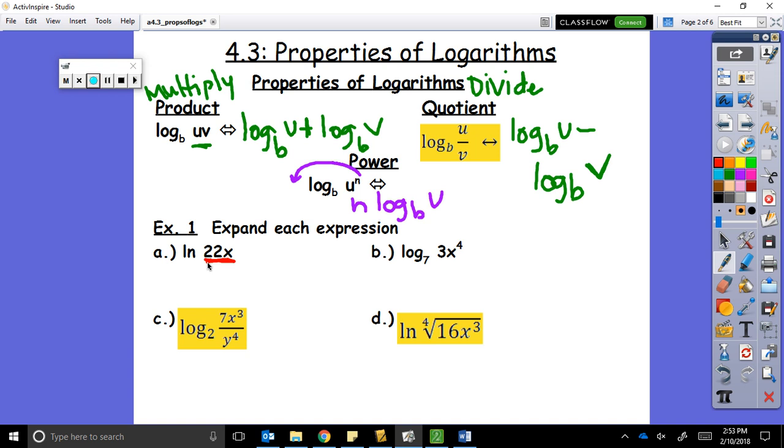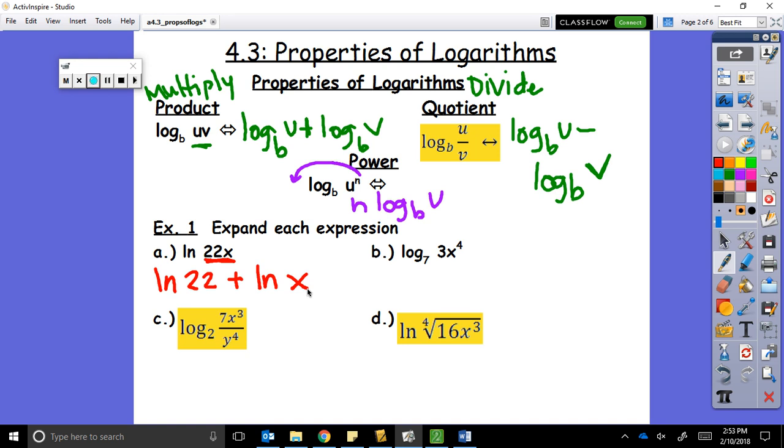And this ln is just natural log, okay? It's another button on your calculator, but we're going to talk more about the natural log on its own day. But if we ask ourselves the question, what's going on between the 22 and the x, the answer is multiply. So I know that all multiplies turn into additions. So this is the same as natural log of 22 plus natural log of x.